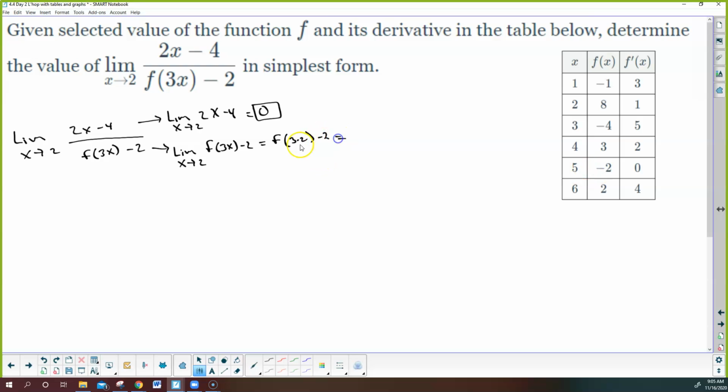And again, you can show as little or as much work as you need for this piece. But when I plug 2 in, I end up with f of 6. So I've got to figure out when x is 6, what is f of 6? That's equal to 2. Basically, finding the intersection of f and 6.